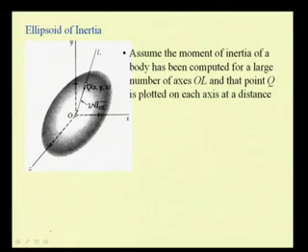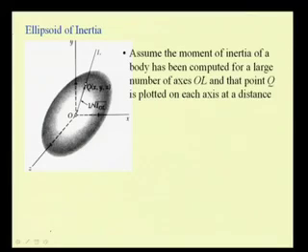So, we represent these principal moments of inertia of a mass by constructing what we call an ellipsoid of inertia. So, let us see how we do that. Let us assume that the moment of inertia of a body has been computed for a large set of axes, say OL. So, we have computed the inertia tensor matrix for a given axis system, say OX, OY, OZ. Now, using this inertia tensor, we can compute the second moment of mass with respect to arbitrary axes, for, let us say, an infinite number of such axes.